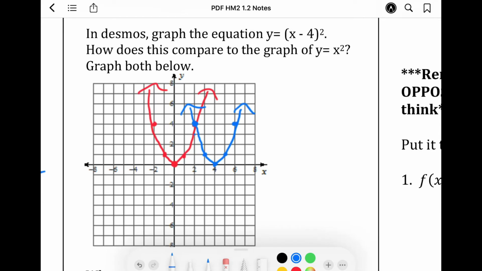How did we get from a red graph to blue graph? All points shifted to the right 4. Like our vertex shifted over 4. Our negative 1, 1 shifted over to 3, 1. Our negative 2, 4 shifted over to 2, 4. Then our 2, 4 shifted over here to 6, 4.